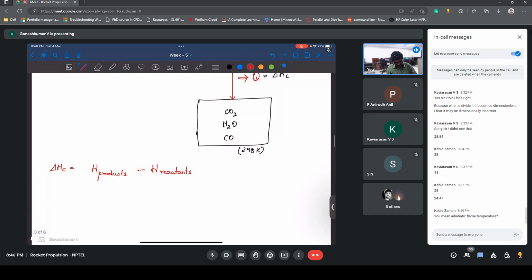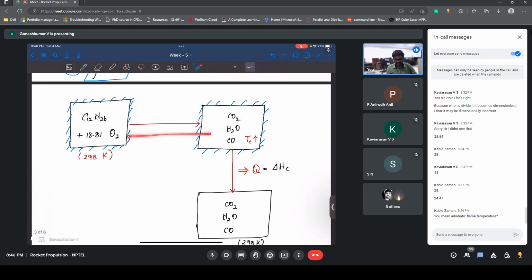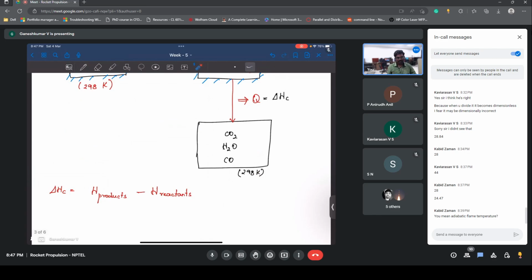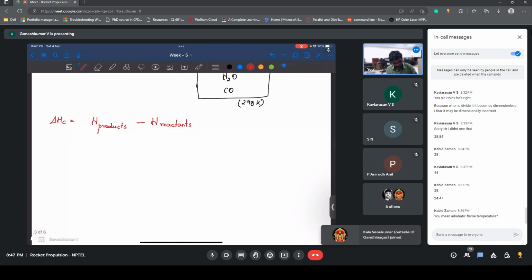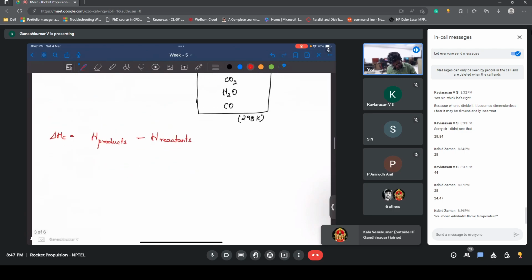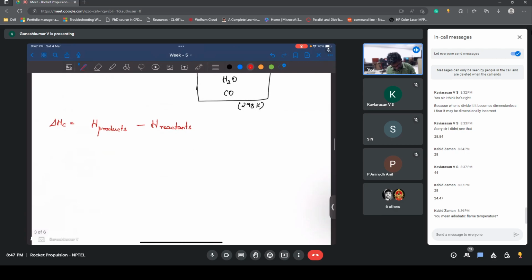During the conversion I didn't remove any heat, and during this process I removed heat. So that much heat is what you want to find. It is going to be nothing but the energy change you have, provided both are at the same temperature, and this is at 298 Kelvin, and this is also at 298 Kelvin.